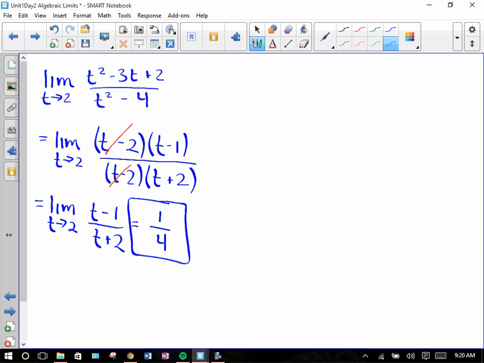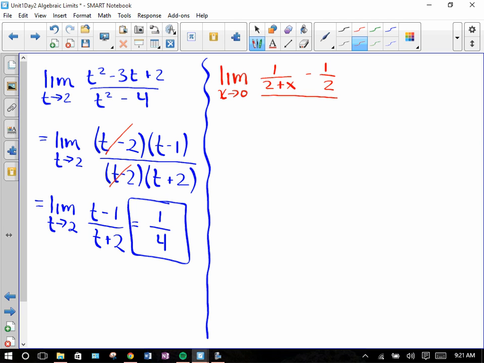Now, what we're looking at next is number 22. It says the limit as x approaches 0 of 1 over 2 plus x, minus 1/2, all over x.